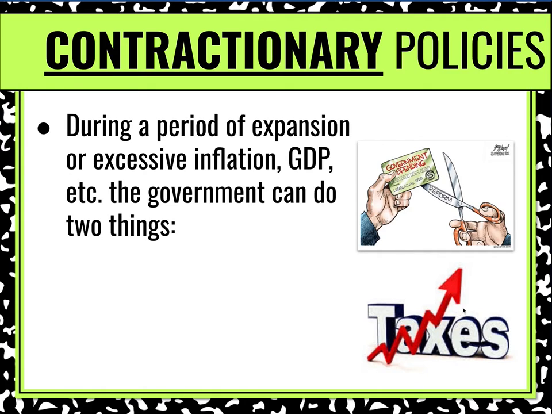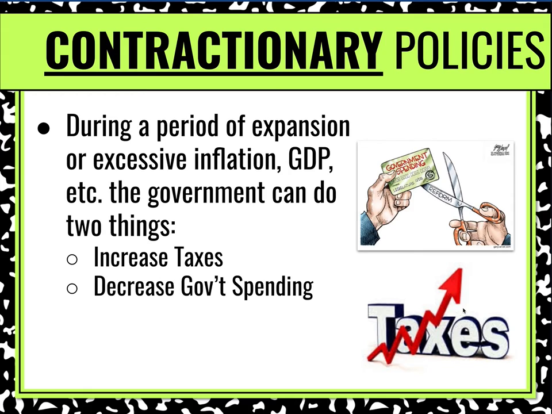But remember, the more rampant the economy is, the inflation is going to get out of control, and we don't want that. So they would do the exact opposite. They would increase taxes and decrease government spending. Now, by increasing taxes, you have less money in your pocket, so you can't go out and spend it. And if they decrease government spending, they're not funding those projects. So again, it's not stimulating the economy.